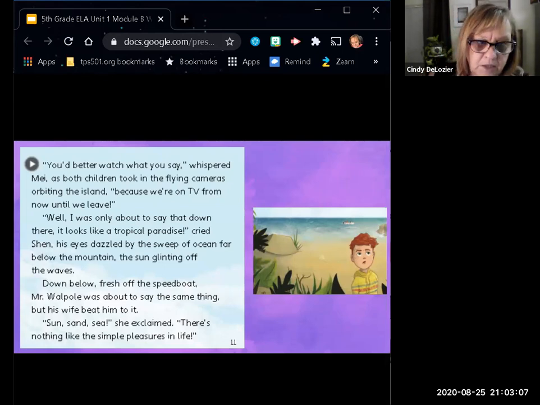Well, I was only about to say that down there it looks like a tropical paradise, cried Shen, his eyes dazzled by the sweep of ocean far below the mountain, the sun glinting off the waves. Down below, fresh off the speedboat, Mr. Walpole was about to say the same thing, but his wife beat him to it. Sun, sand, sea, she exclaimed. There's nothing like the simple pleasures in life.